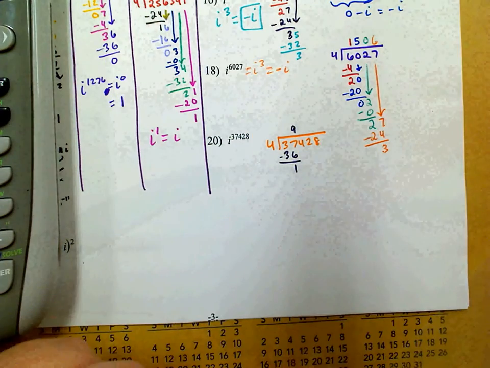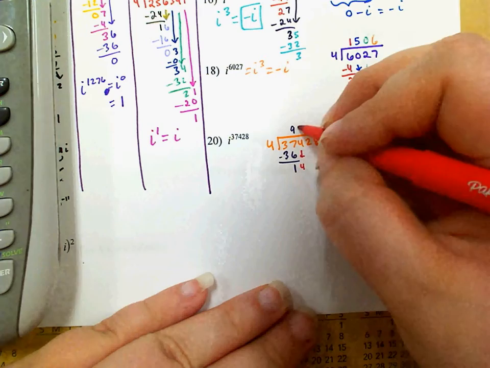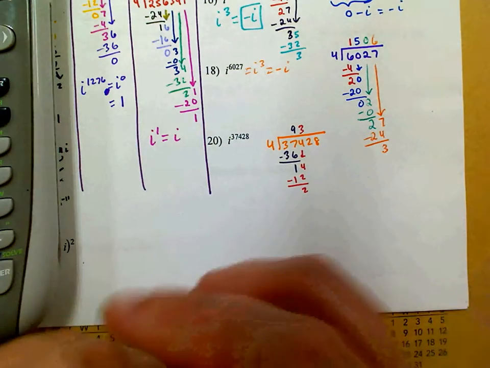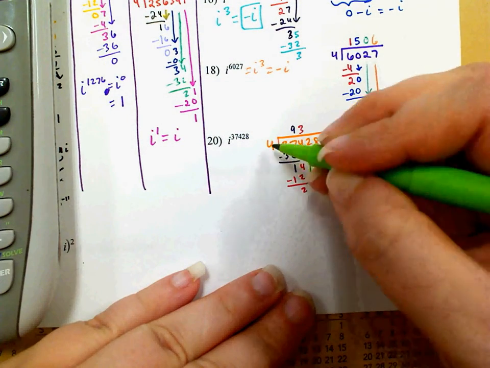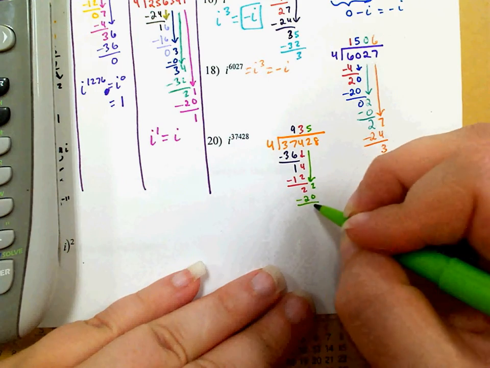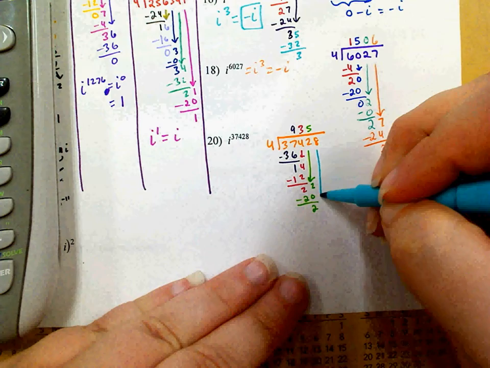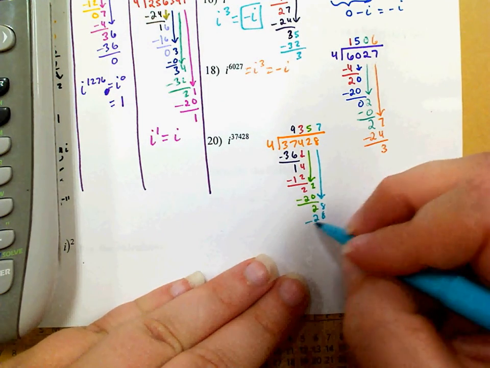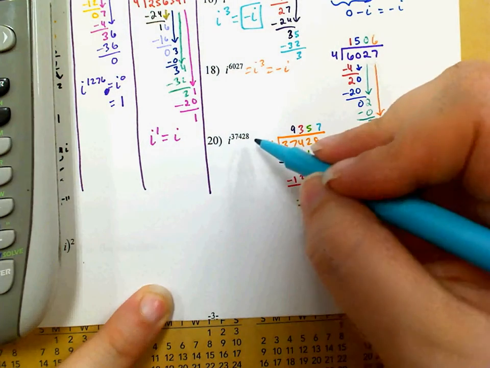Bring down the 4. 4 times 3 is 12, so I subtract and I get 2. Bring down the 2. 4 goes into 22 5 times, because 4 times 5 is 20. Get a 2. Bring down the 8. 4 goes into 28 7 times evenly, and so I get a remainder of 0. So then I to this equals I to the 0, and I to the 0 is 1.